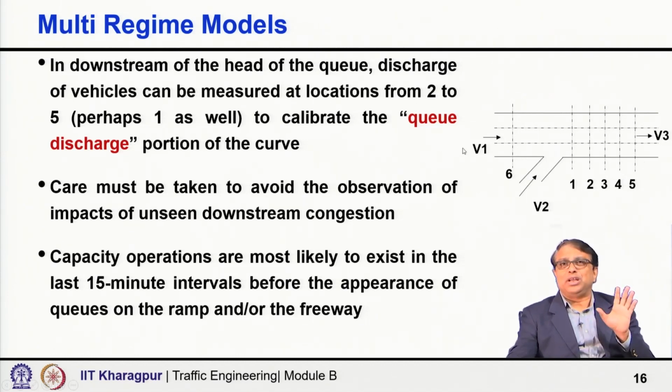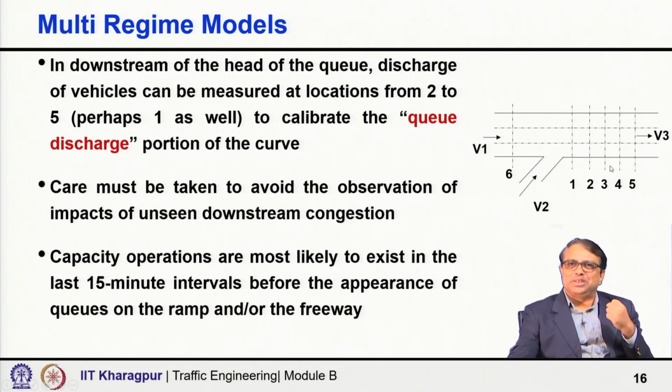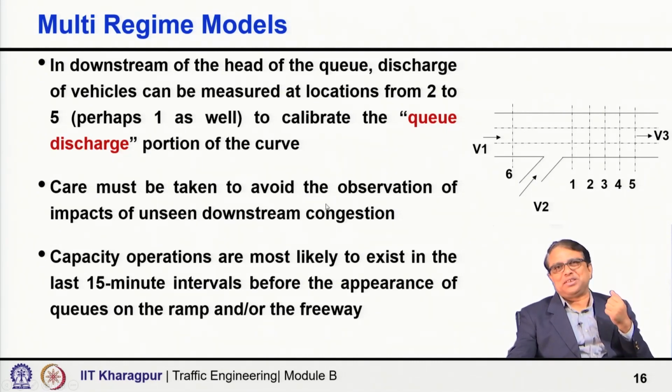It is only this phenomenon, V1 plus V2 becoming more than the capacity of the immediate downstream section, so this becomes the bottleneck. I want to measure the queue discharge, so I should measure it at any point between 2 to 5. Perhaps location 1 as well, because now 1 also will operate with queue discharge.